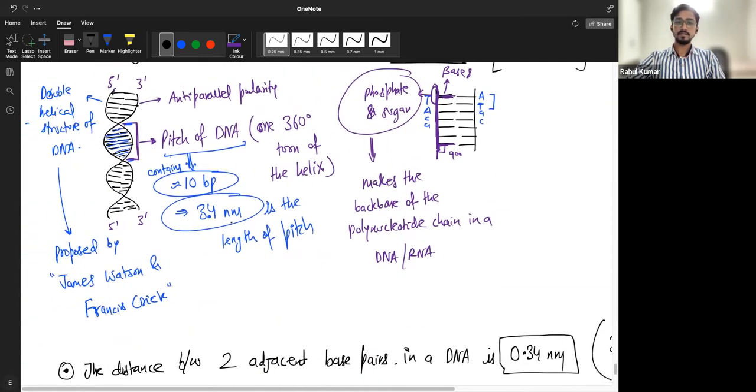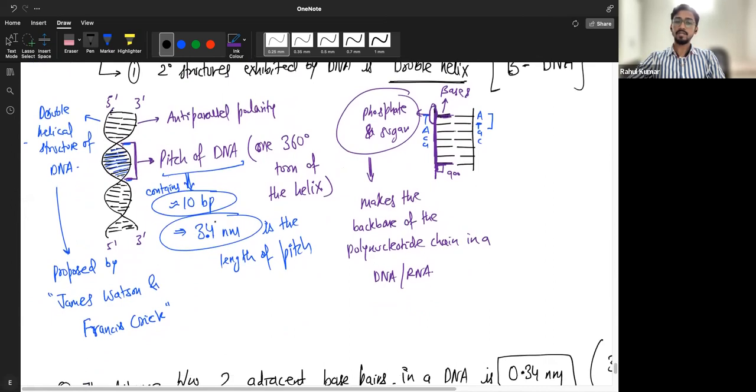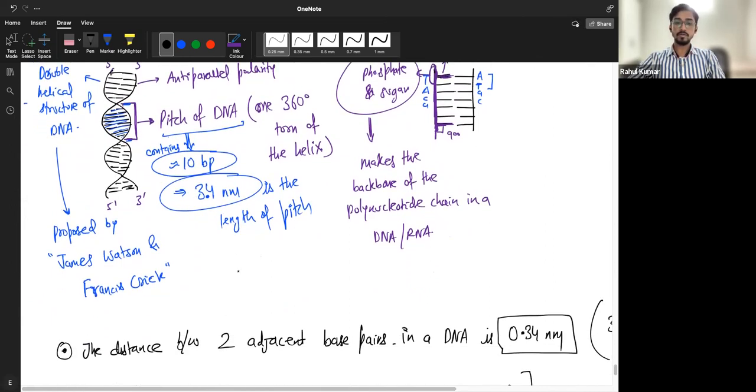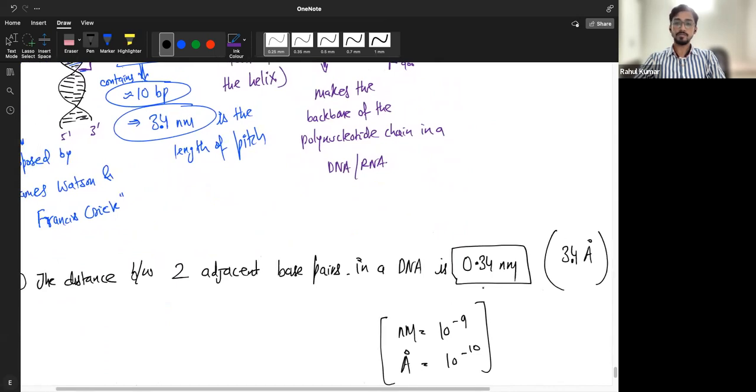B-DNA has 10 base pairs in the pitch. For B-DNA, the pitch is 3.4 nanometer or 34 angstrom. For B-DNA, the distance between adjacent base pairs is 0.34 nanometer or 3.4 angstroms.